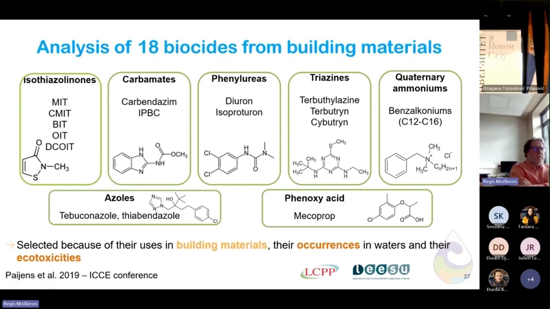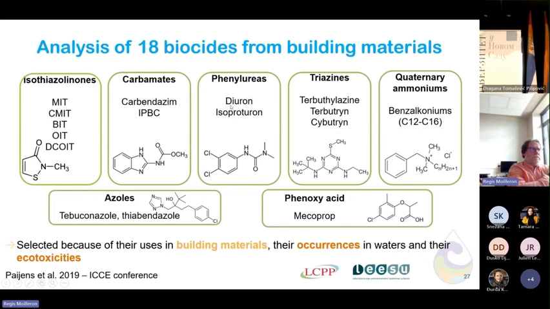So as I said, recently we focus on biocides, and some of them are emitted from building materials. And so these are different types of biocides, different families that can be emitted by building materials or can be found in households. Some of them were used in the past as pesticides.